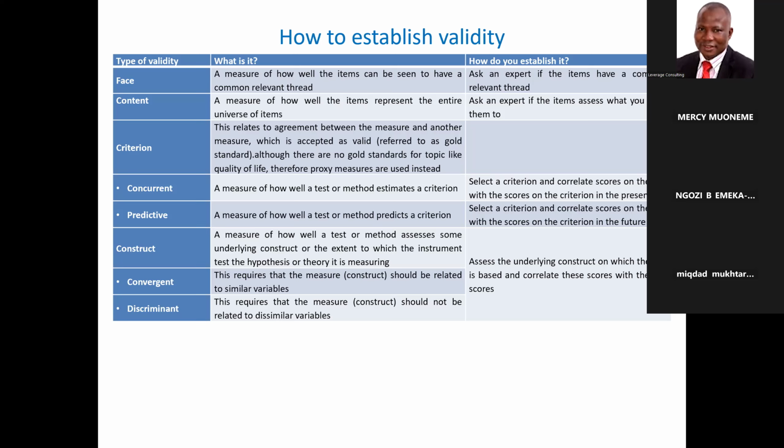But another way you can do it, if you are measuring something and you now have another situation. For example, I administer the instrument to people that come to the HIV clinic in one hospital. I also administer to people that come to the HIV clinic in another teaching hospital, the same setting.